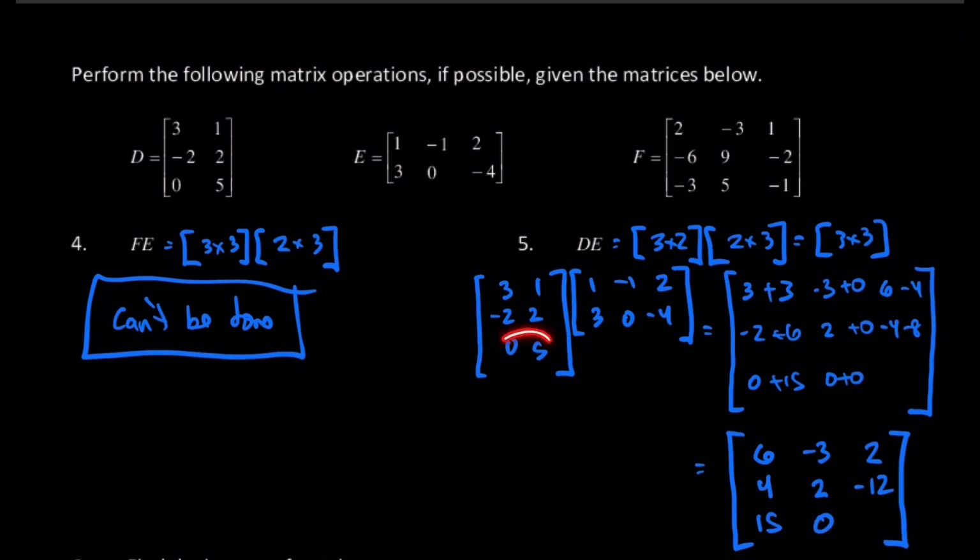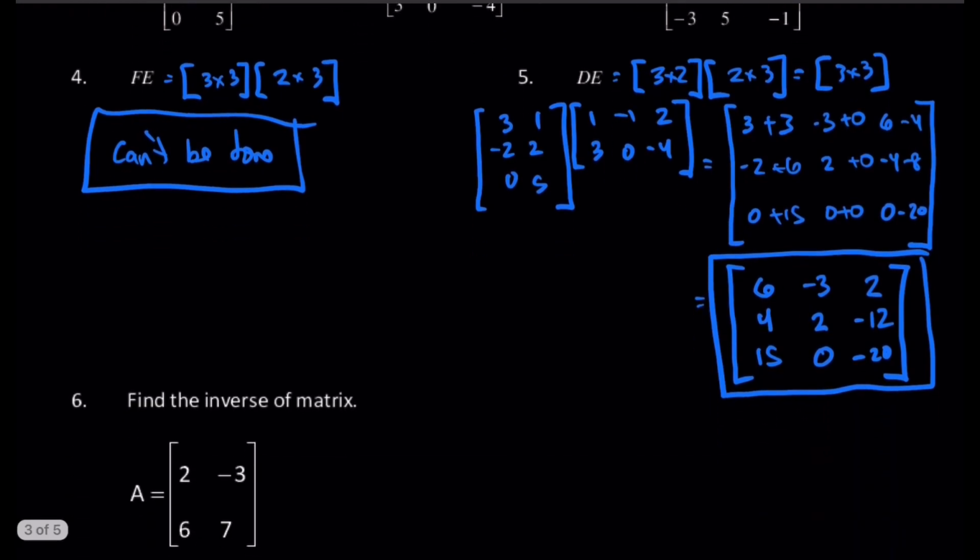And the last one. Row 3, column 3, 0 times 5, 0 times 2, 5 times negative 4. So that's going to be a 0 and a negative 20, and that's negative 20. There is the final matrix. A lot of work, but be thorough, don't rush.